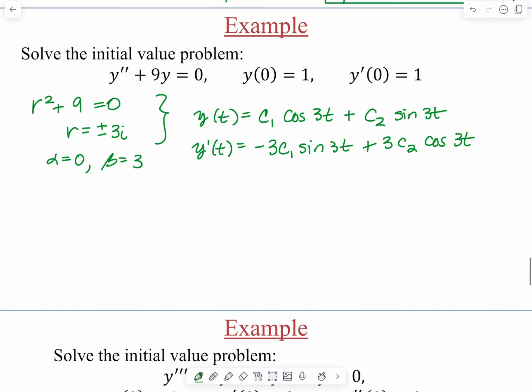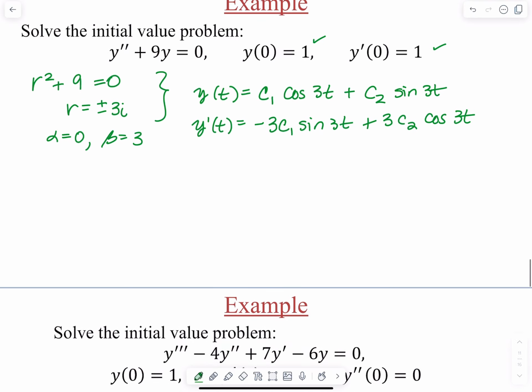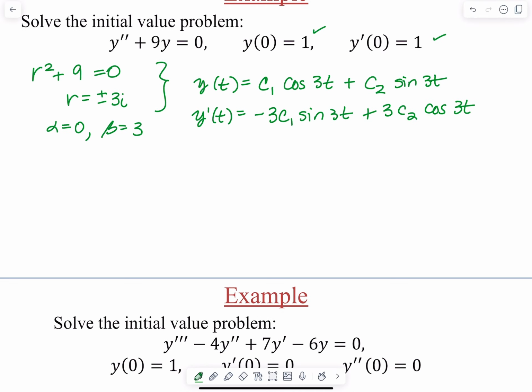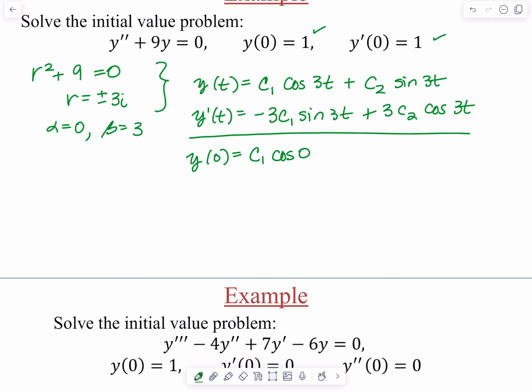So going ahead and using our initial conditions of y of 0 equal to 1, we will have y of 0 equals c1 cosine of 0.